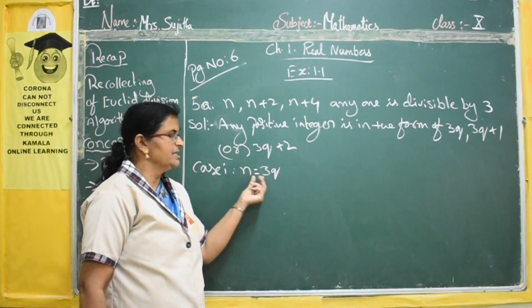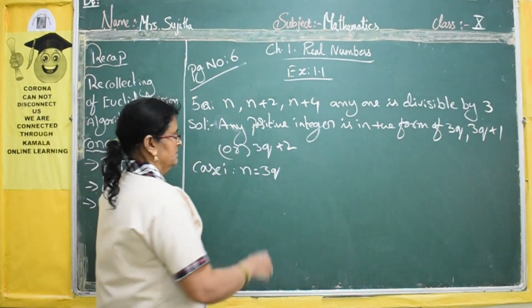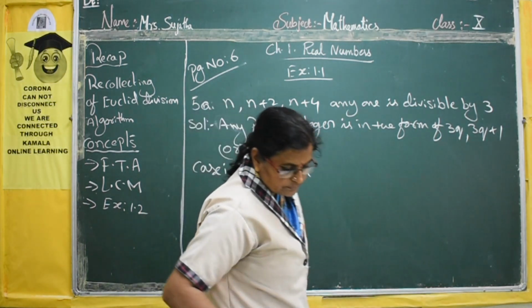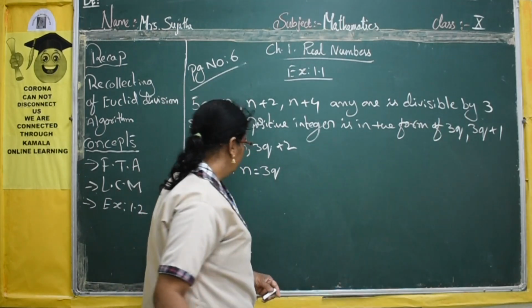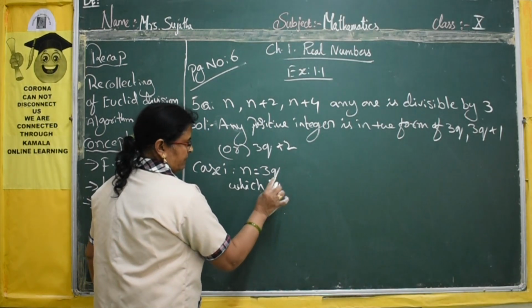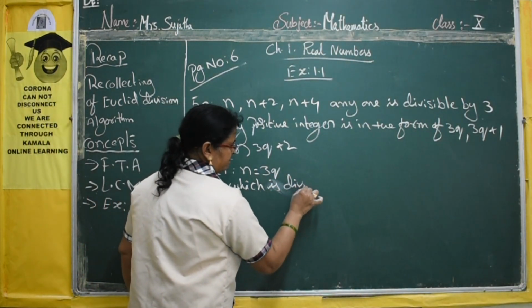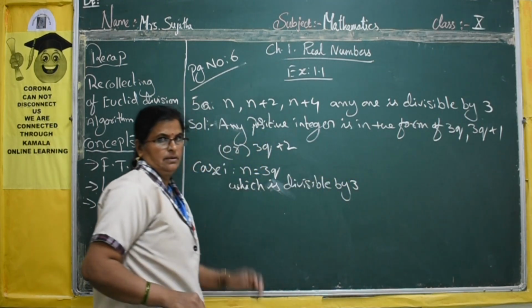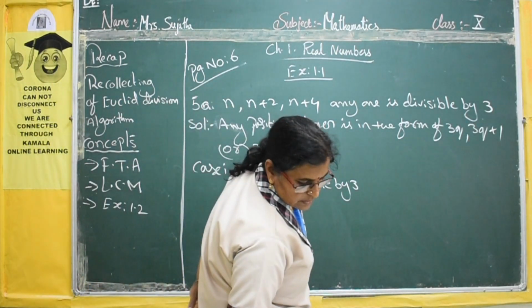So if you take n equal to 3q, then 3q will be divisible by 3.